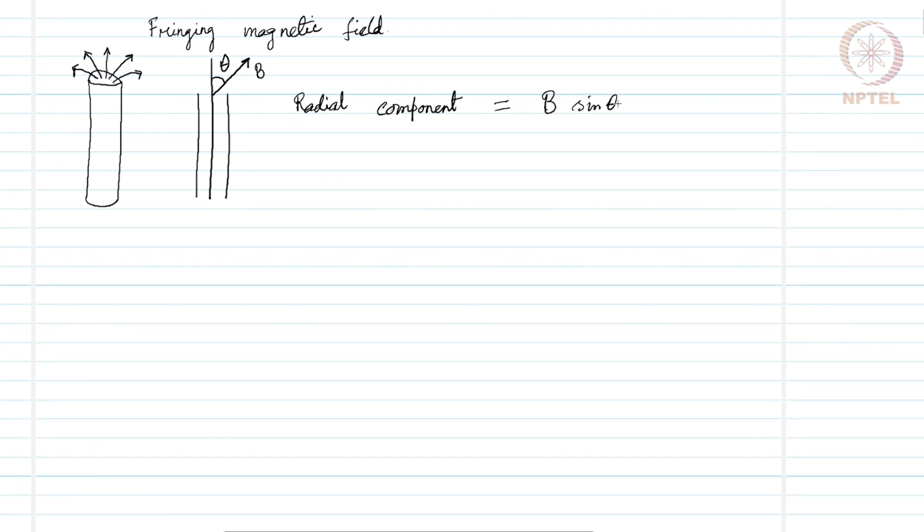Now, if we consider a loop like this that carries a current I along this direction, what will happen to this loop due to this fringing field? Here we have a magnetic field with some radial component in it.